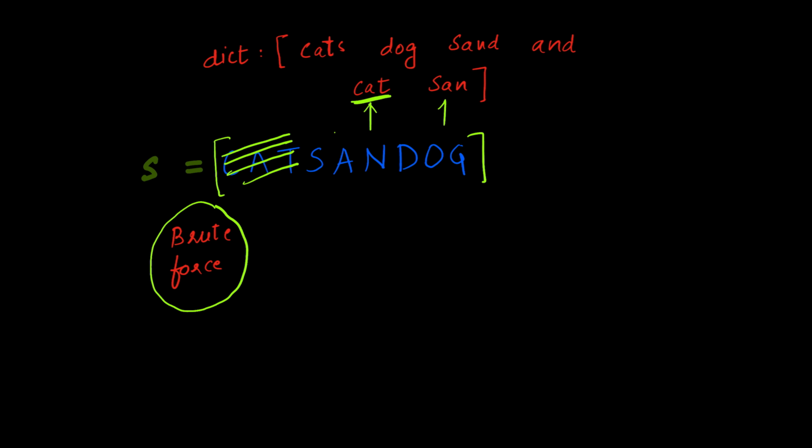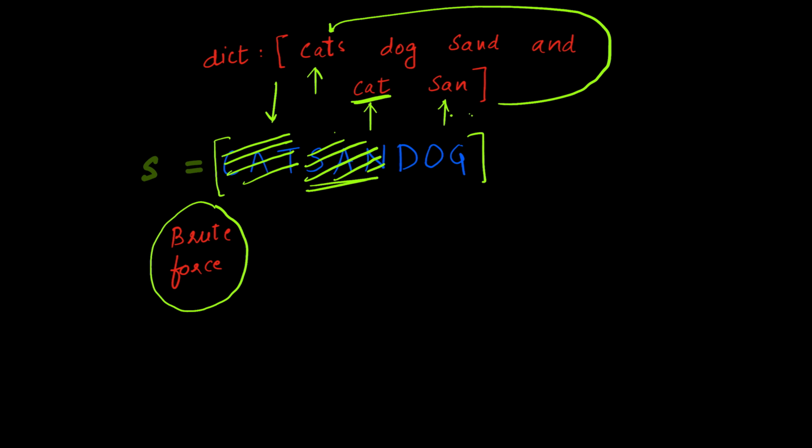We would have eliminated cat first, after that sand would be the next word, and because we need to compare all of the words, we'll reset the pointer to start from the beginning when we are at the end and continue with the comparison. And when our pointer is pointing at the word dog, we'll find it in the remaining characters in string S, so we'll replace it with an empty string, and at the end we'll be left with no characters. Hence the output will be true.